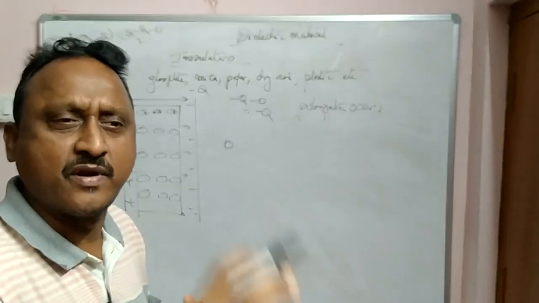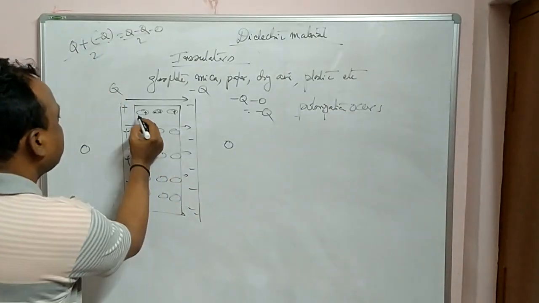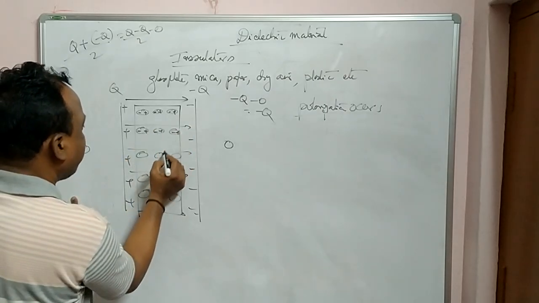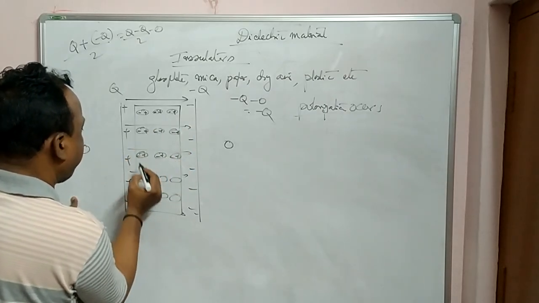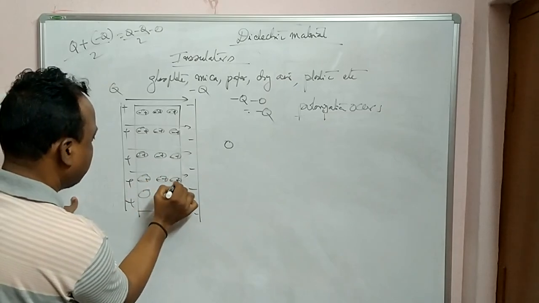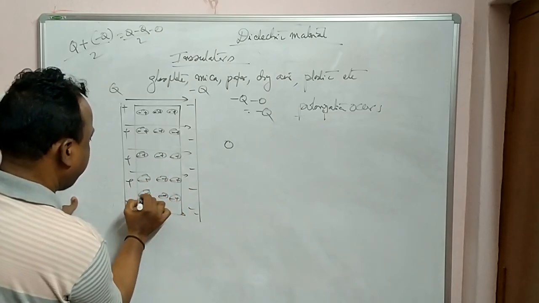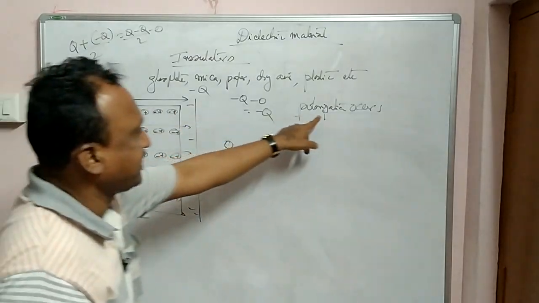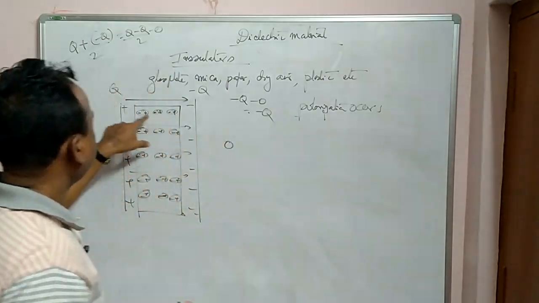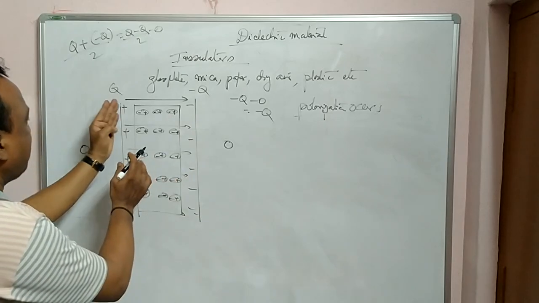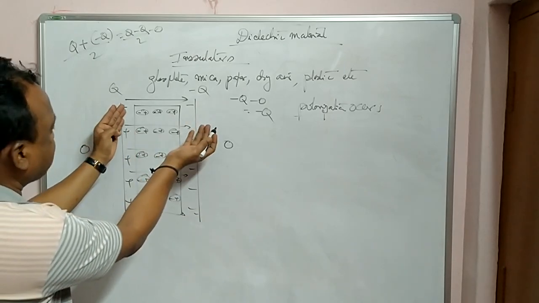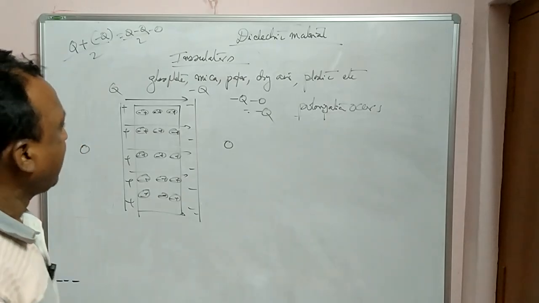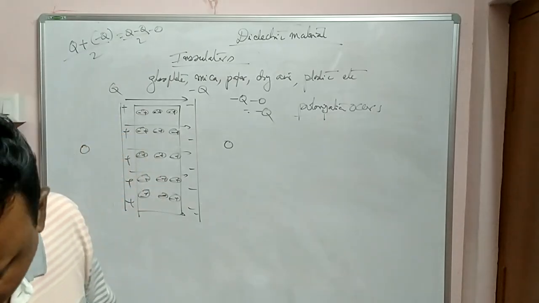The electric field goes away from the positive towards the negative charge. So here polarization occurs. Plus minus, plus minus, plus minus, like this it will rearrange, positive on one side, negative on the other side. This is called polarization in dielectric materials. So they will exchange the charges.